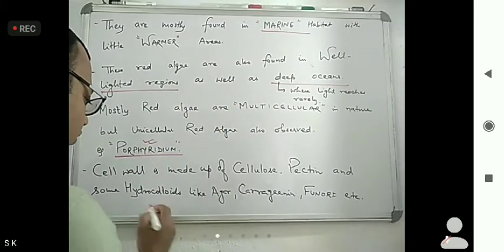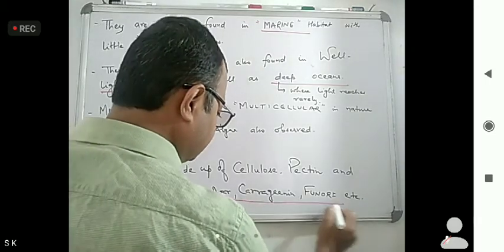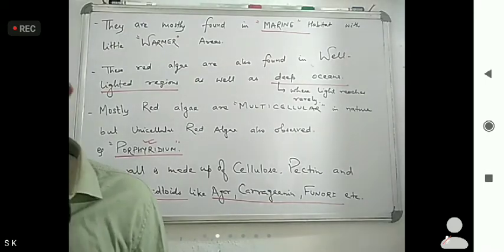What are the hydrocolloids that help to make the cell wall? That is agar, carrageenan, funori, etc.